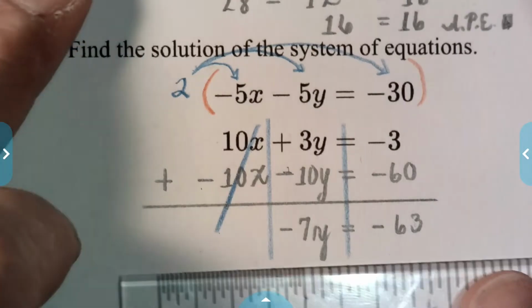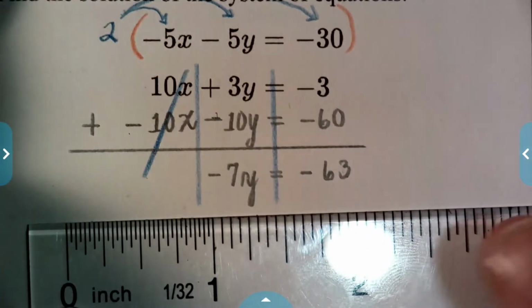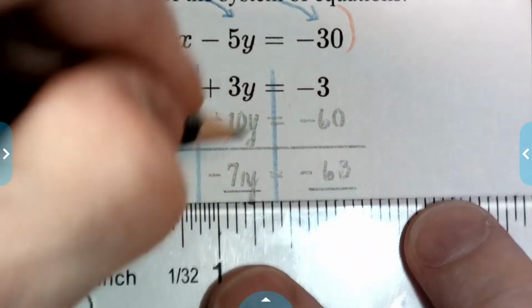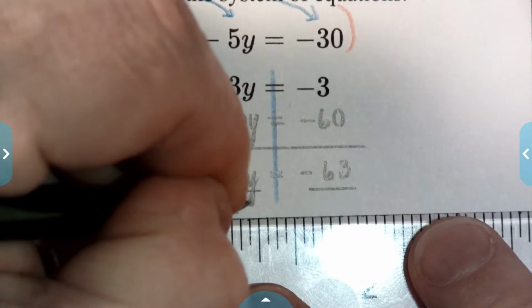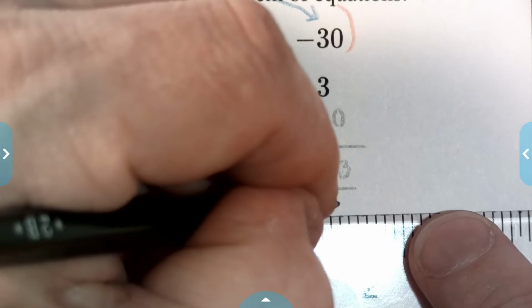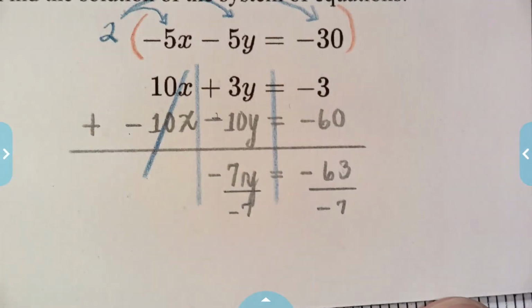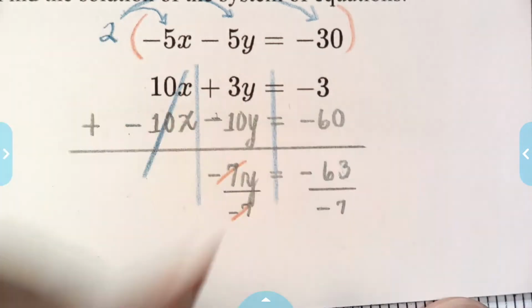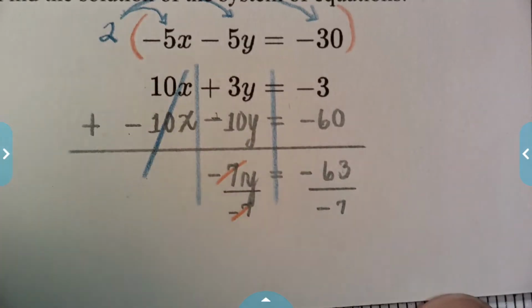Okay, and now I think you know what to do. We're going to divide both sides by negative 7. And the left side negative 7s cancel out, leaving y hashtag forever alone.